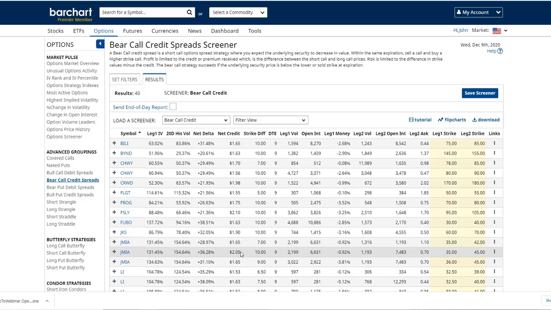How much more credit did I get by taking on, was it $3 more worth of risk? I got an extra, what, 40 cents. That one would probably be a little bit better for me. If I'm only getting 10 cents for every dollar, maybe, I don't know. I would probably want to look for that 3-to-1 ratio. So I'm taking on, in this case, $3 more worth of risk. I want to probably get close to maybe 70 cents more credit. So that's the way you can use that.